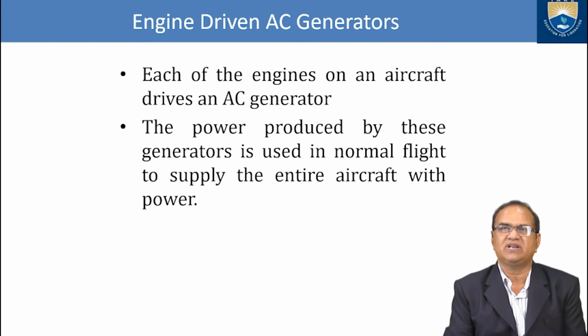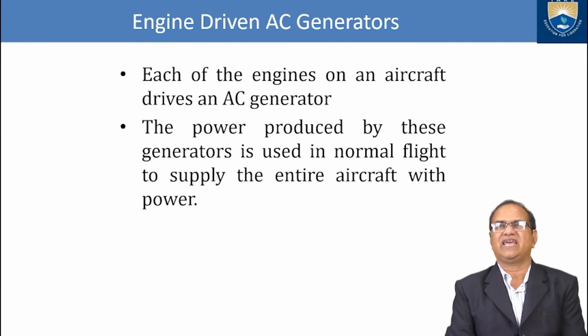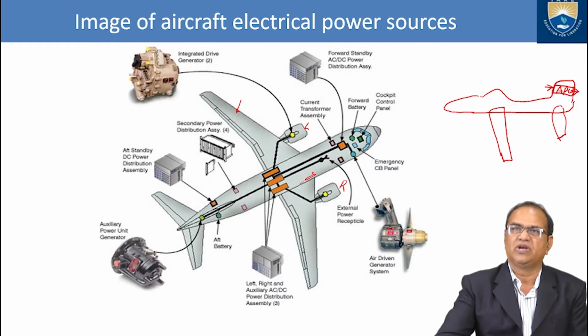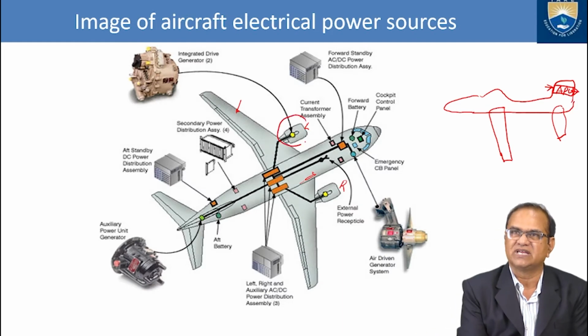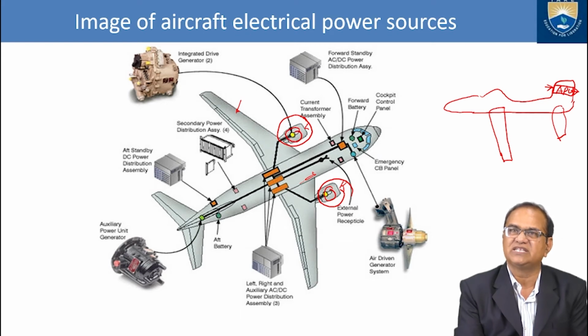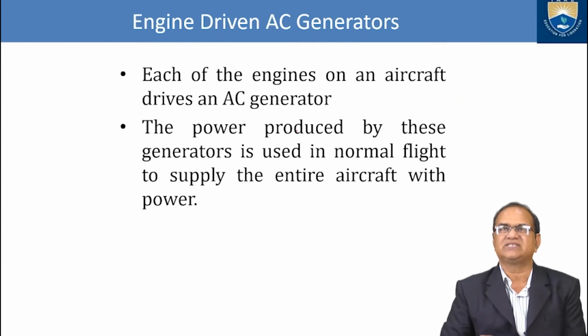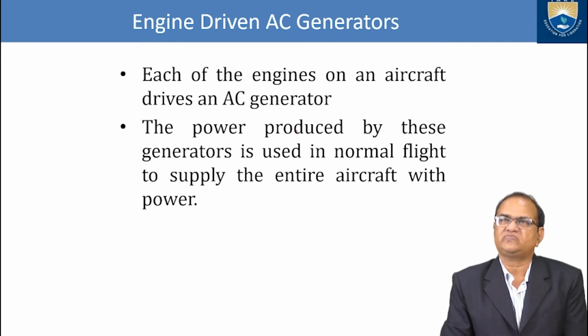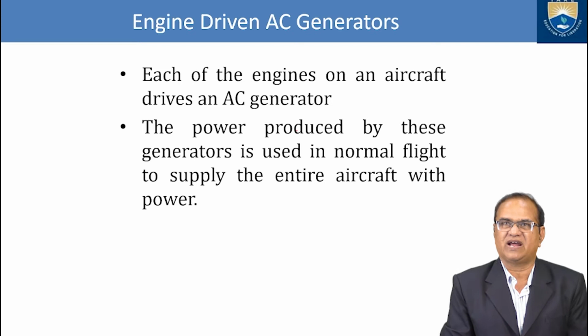Now I will discuss one by one all the required components, starting with the engine driven AC generator. Each engine on an aircraft drives an AC generator. Just now I told you, a generator is fixed on the engine and is rotated by the speed of the engine, through some gearbox that rotates the AC generator.